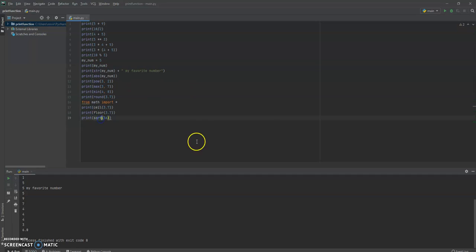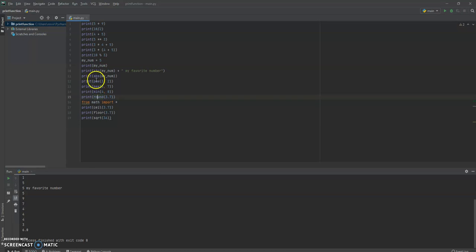And then this is ceil. What ceil does, or ceiling basically, is round the number to the nearest greatest integer, except it doesn't do anything any different than the round function.